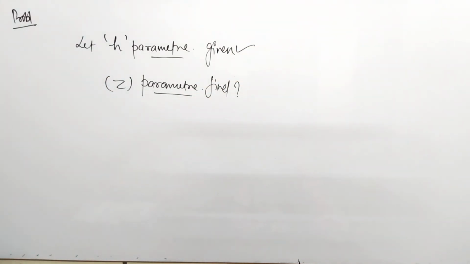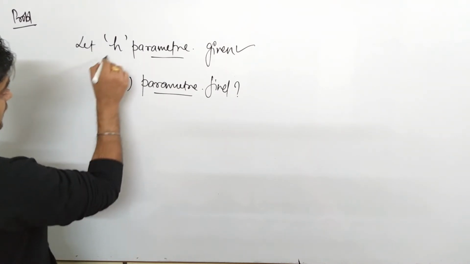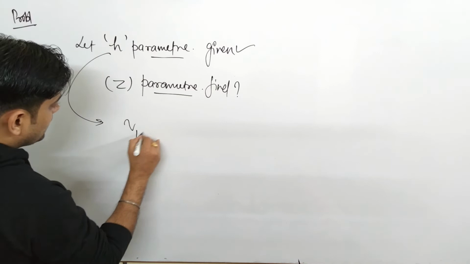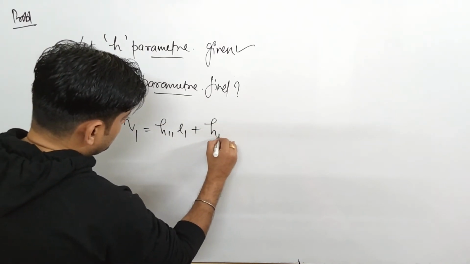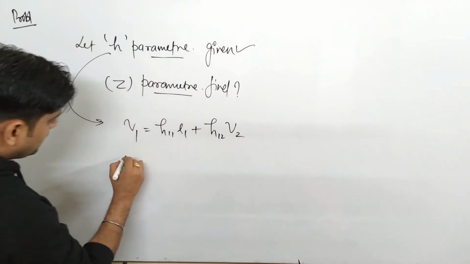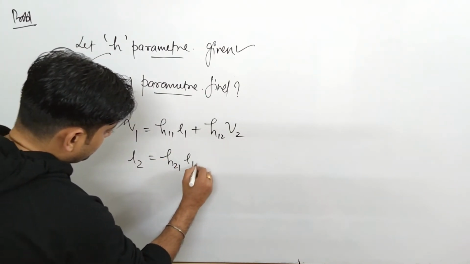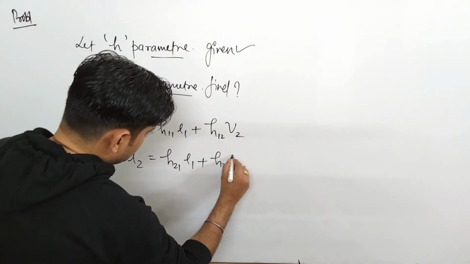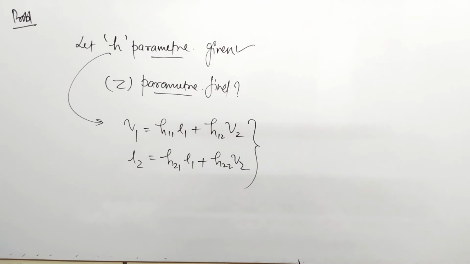The equations for the h parameters are given as V1 equal to h11 I1 plus h12 V2, and I2 is equal to h21 I1 plus h22 V2. So this is the equation of your h parameters.